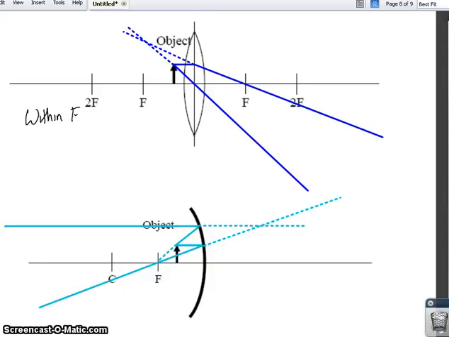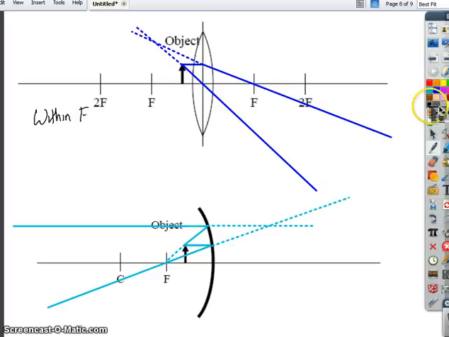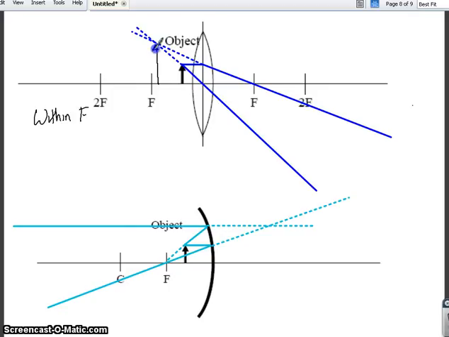And so we are going to have an image right here. And so if we are within F, the image is going to be larger, virtual, and upright with respect to the object.